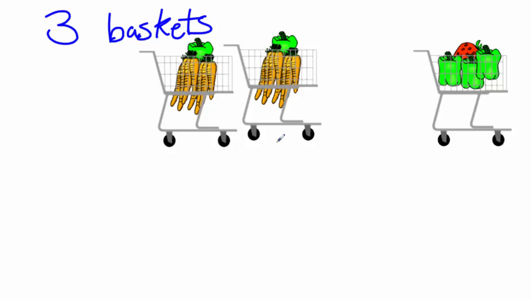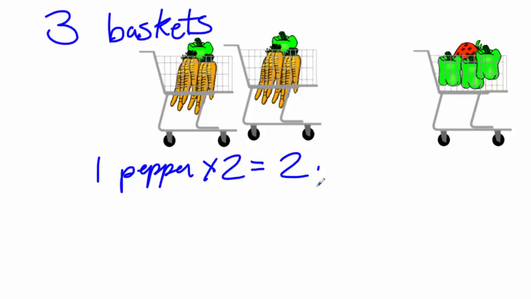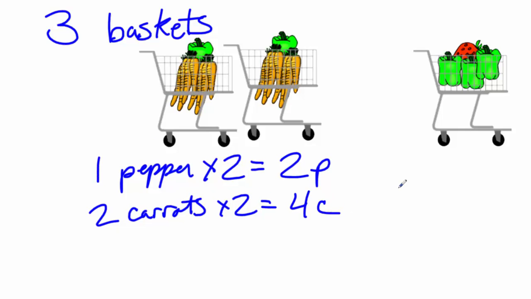And if I asked you how many groceries are there in total, well, we would say, all right, in here we have 1 pepper in this basket, and there is 2 baskets of it, so that's 2 peppers. There's 2 carrots in 2 baskets, so that's 4 carrots. And then we would add that together to over here we have 3 peppers.